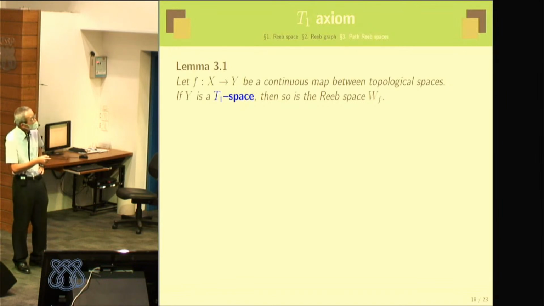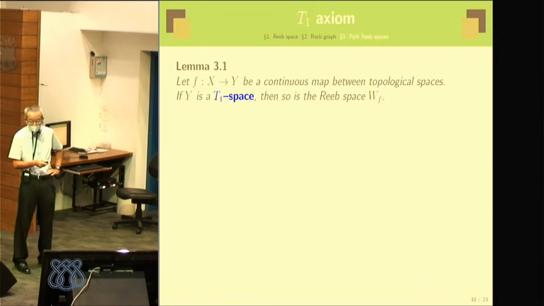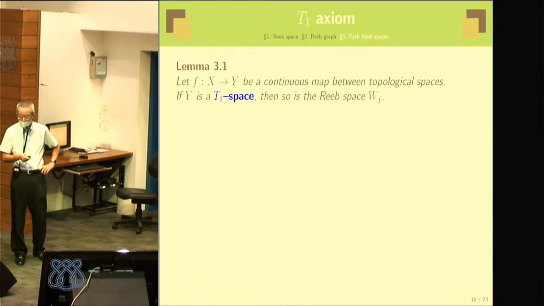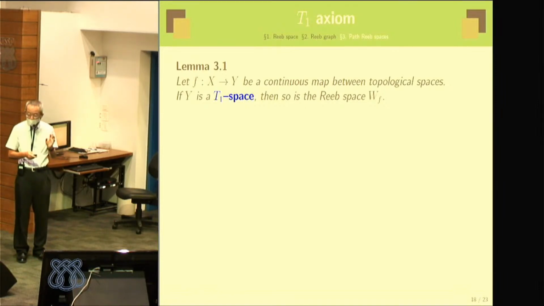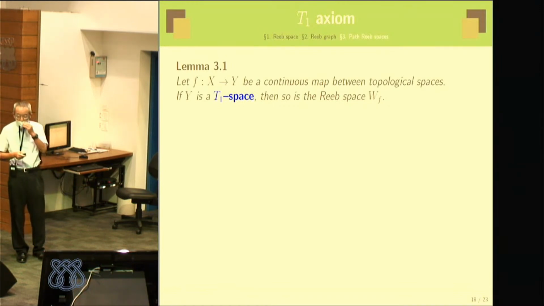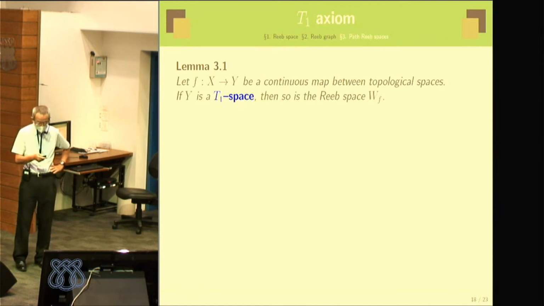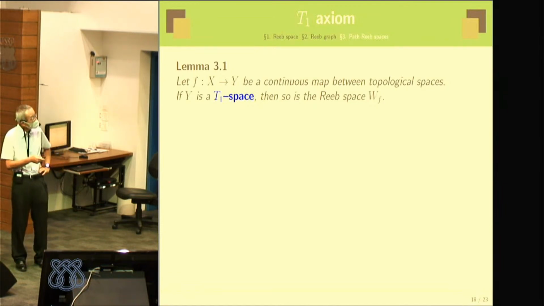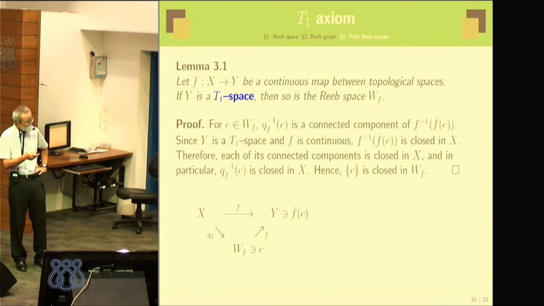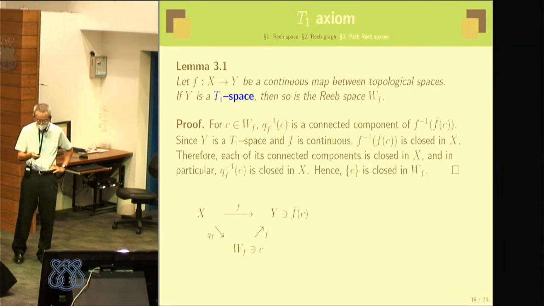And then the Reeb space, the usual Reeb space, not the path Reeb space, has a very good property. So for example, if Y is a manifold, then of course its Reeb space is a T1 space. And the proof is easy, so I will skip. Just an easy exercise of general topology.